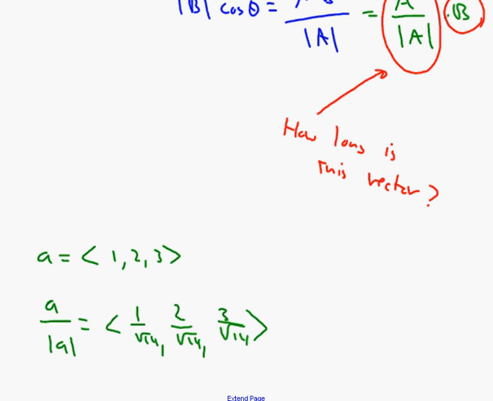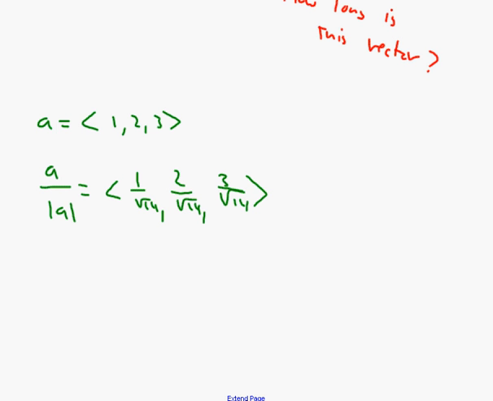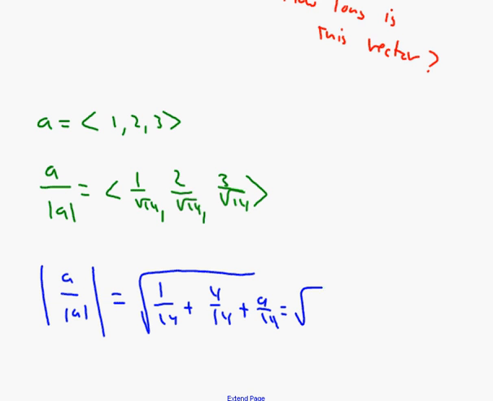Right? And what's that about? Well, find the length of this thing. Find the length of A over norm A. And surprise, surprise, what do you get? You get the square root of 1 over 14 plus 4 over 14 plus 9 over 14. That's the square root of 1, which is 1.